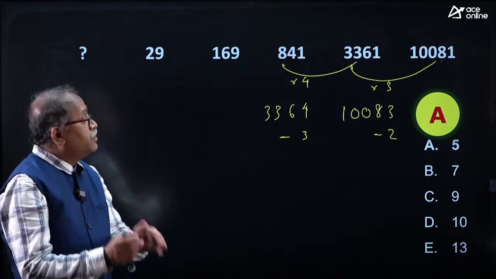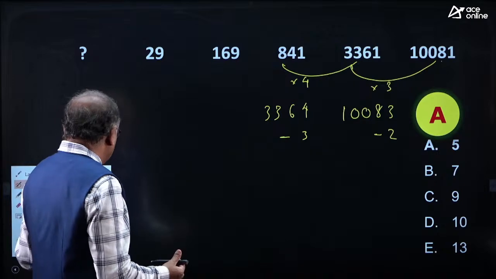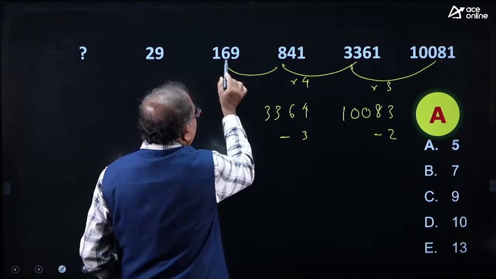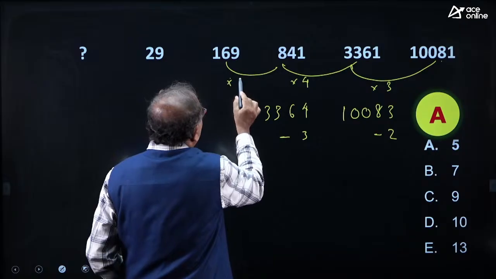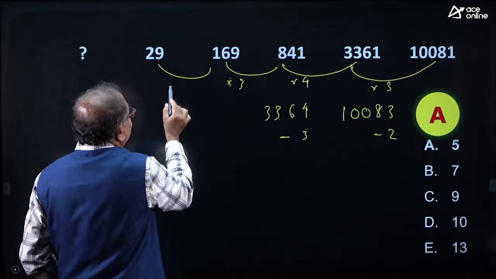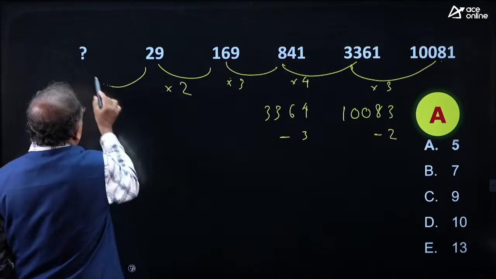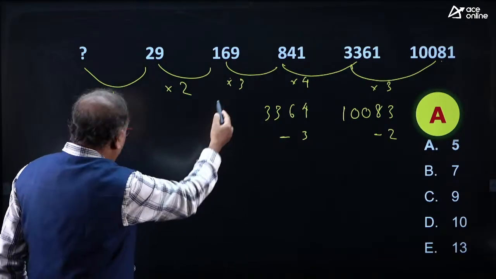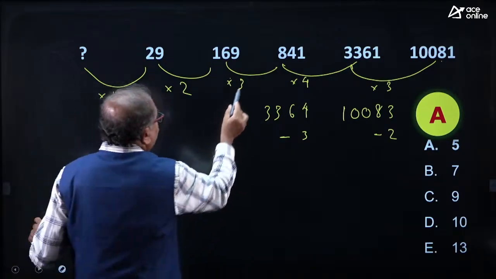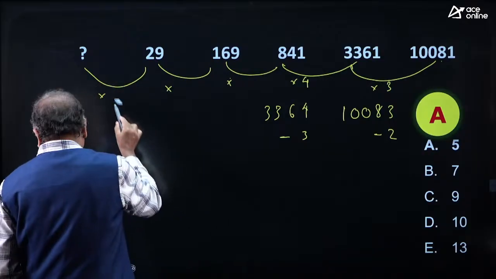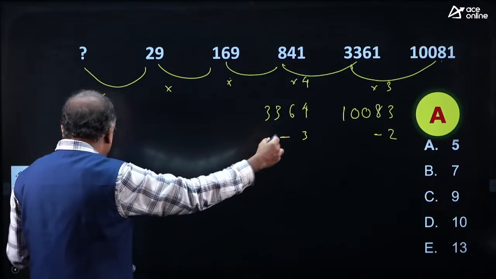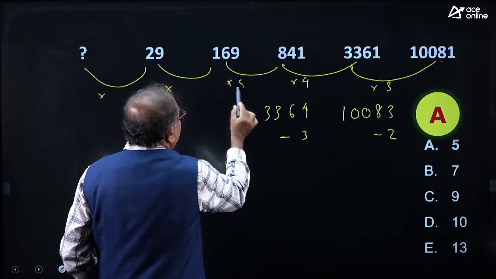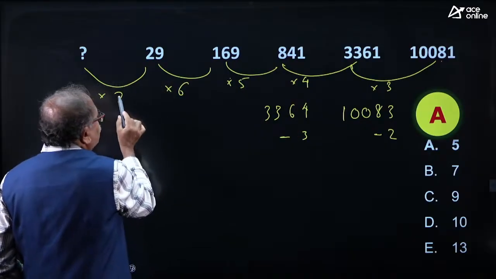Okay. Well understood, and the calculation speed is good, sir. So, here I will go for into 3, here I will go for into 2, and here I will go for into 1. No, 3, 4, it is in an increasing order from left side to right side. So, 3, 4, then 5, 6 and 7.